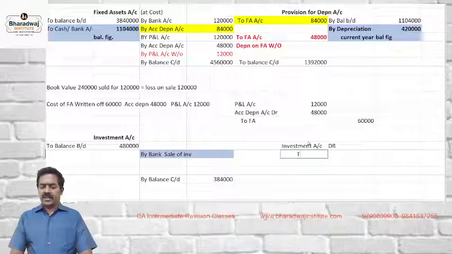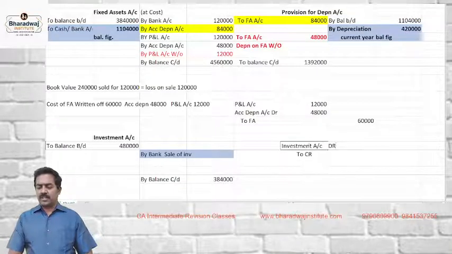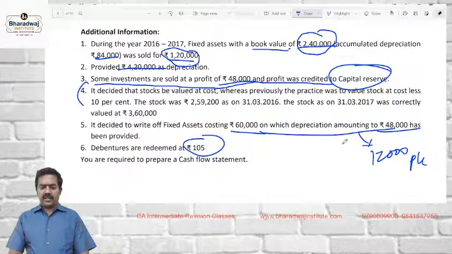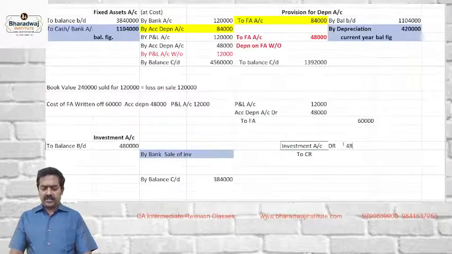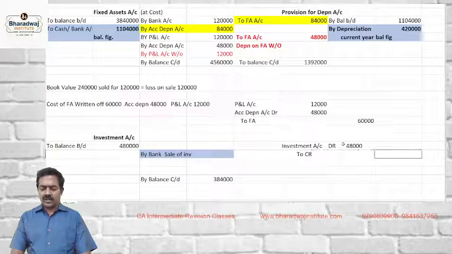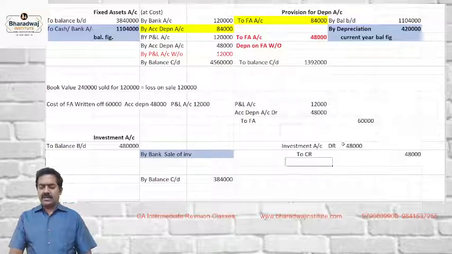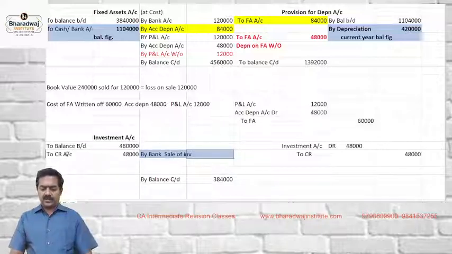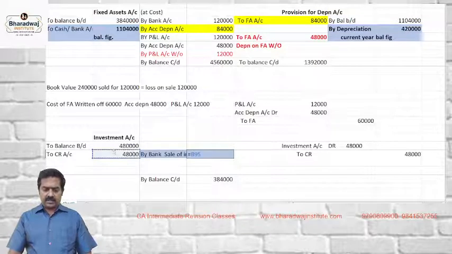Did they transfer to P&L account? They transferred to which account? Capital reserve account. How much has been transferred? 48,000. Since we maintain in full values, 48,000. Now, if you pass this entry, investment account debit to which account? Capital reserve account, how much? 48,000. As a balancing figure you will get the sale, yes.